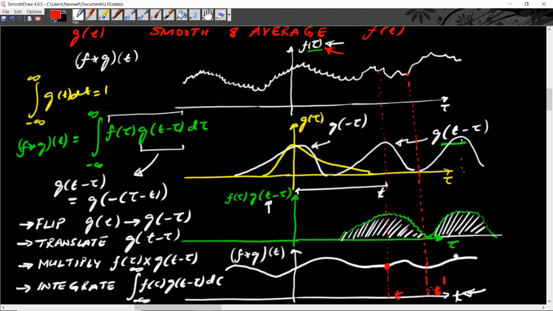over here, that is t prime, then the value of this convolution at this particular time t prime would have some contribution from the values of the function at the time t, because we are taking the weighted average of the values of this function at nearby points.